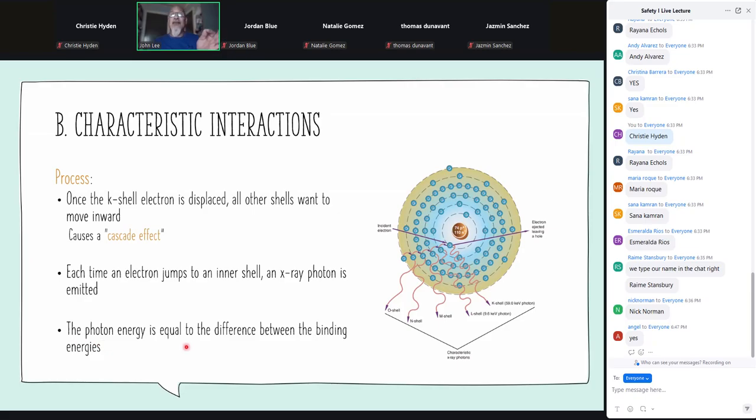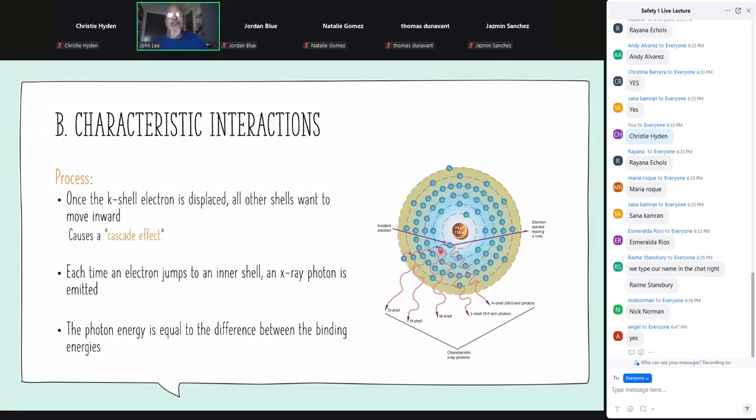So again, the energy that's emitted here is the difference between the binding energy of whatever shell drops into place. And we're only thinking about the K shell because anything less than that, like the L shell being 12 keV, its binding energy. If the M shell, which I think is like 3, that gives us a 9 keV characteristic X-ray.